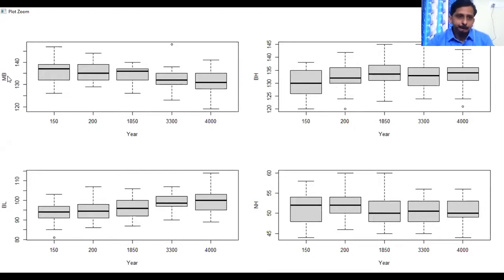Now, breadth, we said it gradually increased over the 150 years. Look at this. This was at the lower around 130, then around 132, then around 135, and this is around 136. So there is a gradual increment in the average breadth over the years.